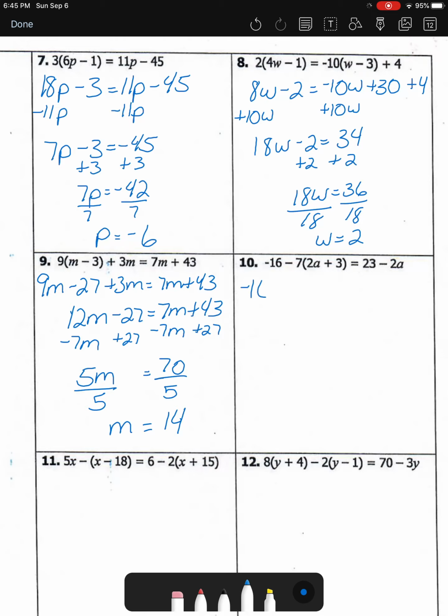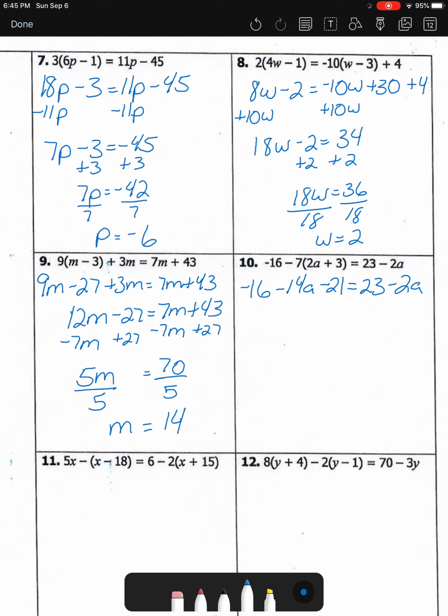Okay, negative 16 minus 14a minus 21 is equal to 23 minus 2a. Okay? So, man, I wish there was somebody to pause this. Oh well.